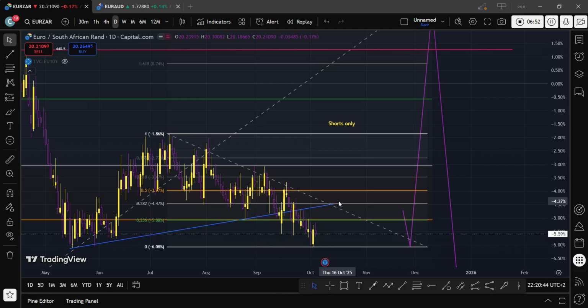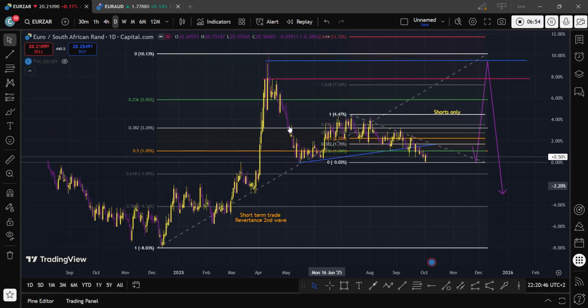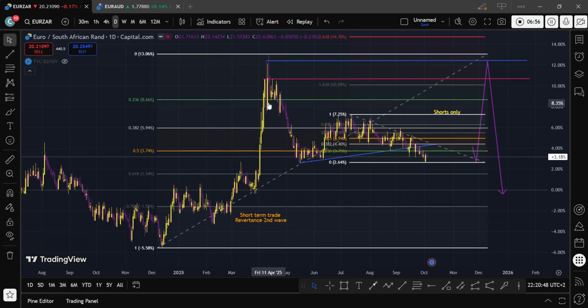So we're expecting this market. The euro is actually showing us that it is exiting the recession. But in terms of inflation, inflation is doing well.